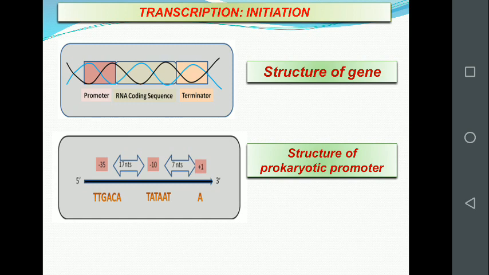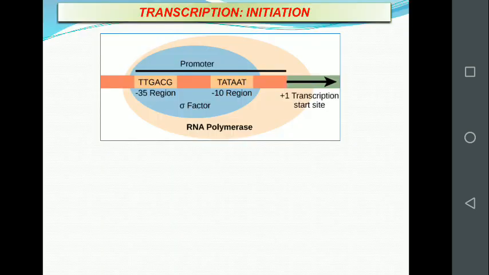If the sigma factor is there and it recognizes the -10 and -35 regions, only then the RNA polymerase comes and assembles on the sigma factor. So the sigma factor is the prerequisite, and the -10 and -35 regions are very, very important sequences in the promoter region.